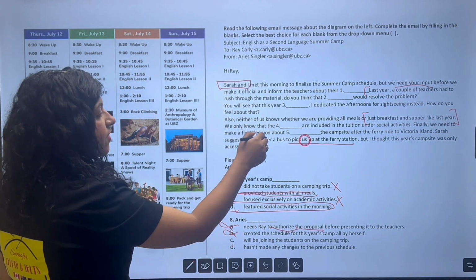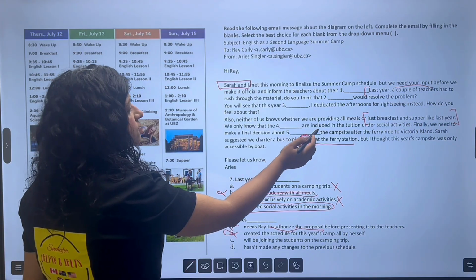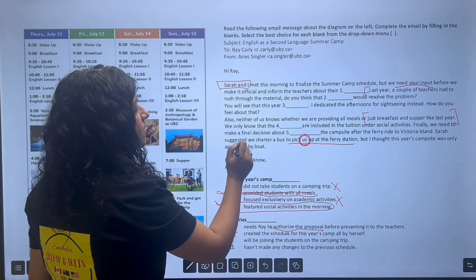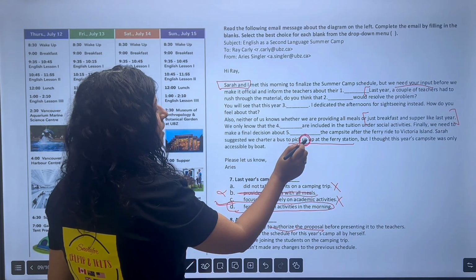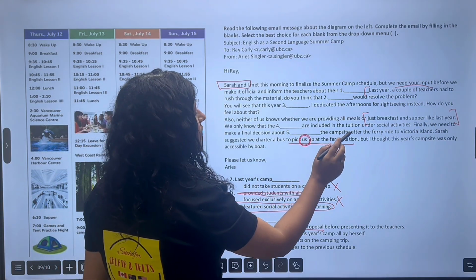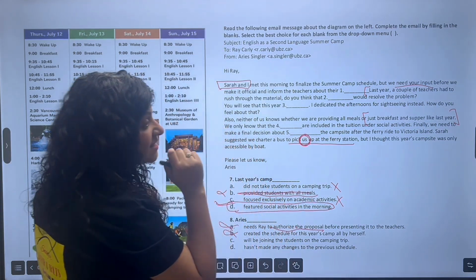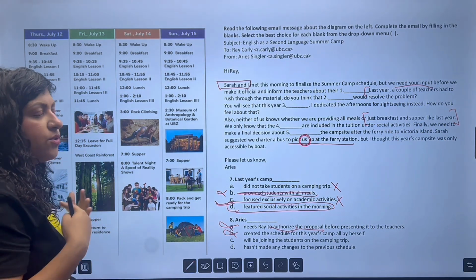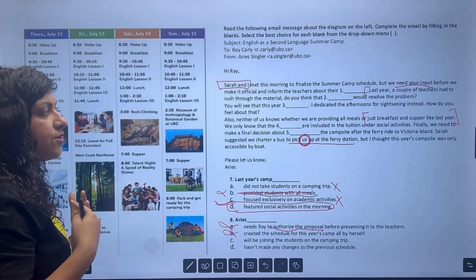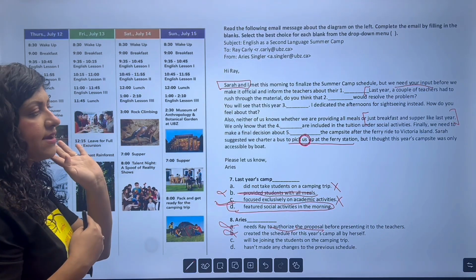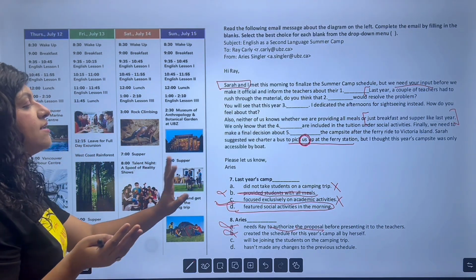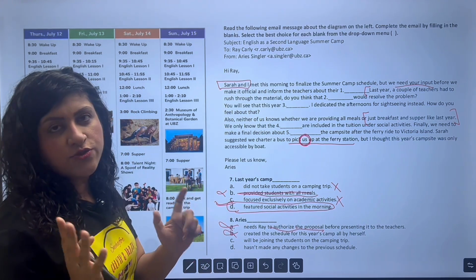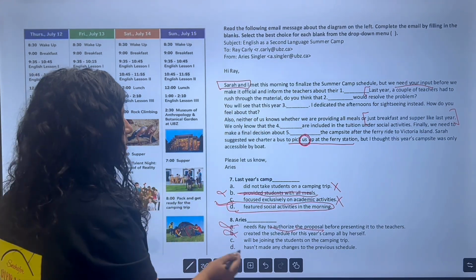We have to make a final decision. If you remember this one, it was about transport, and then she said we charter a bus to pick us up at the ferry station. So if she's saying pick us up, she's including herself, she's including Aries, right? So that means they are definitely joining the students on the camping trip.